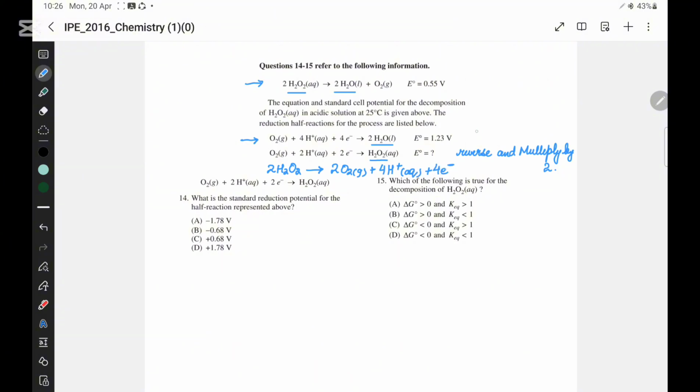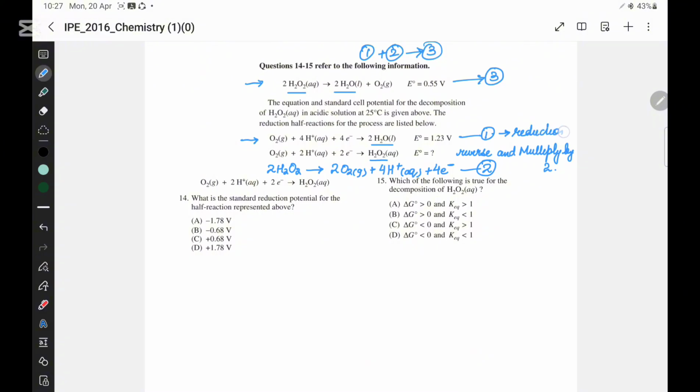So if you add equation 1 and equation 2, you are going to have equation 3. So we can say 1 plus 2 becomes 3. Now, which equation represents oxidation and which represents reduction? So this is going to be reduction. Why is this reduction?